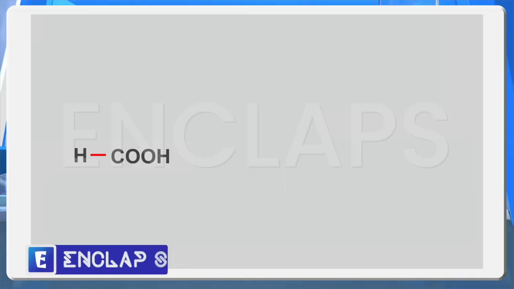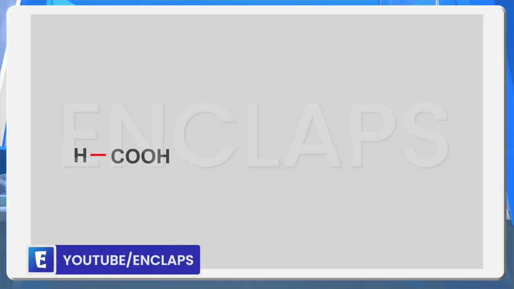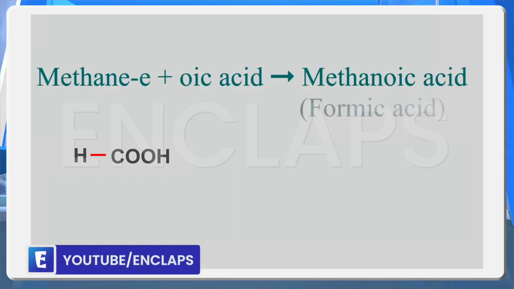Then, what will be the name of the carboxylic acid having 1 carbon atom? We know that if the carboxylic acid contains 1 carbon atom, the word root is meth. Corresponding alkane, methane. And we have to replace E with oic acid. We get methanoic acid.